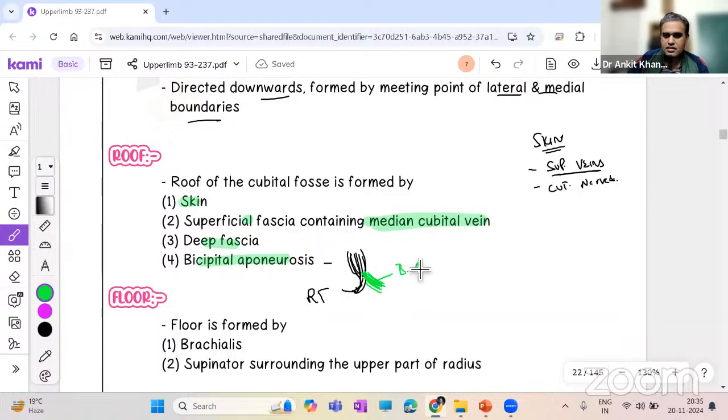Over this was the median cubital vein, which was basically glued or stuck to the bicipital aponeurosis. Therefore, it is one of the most commonly used veins for IV access. So in the roof, this is a very important area for clinical use.